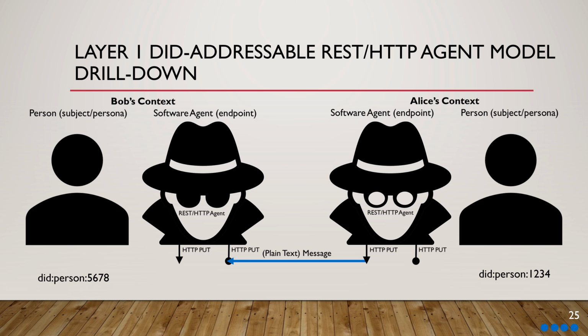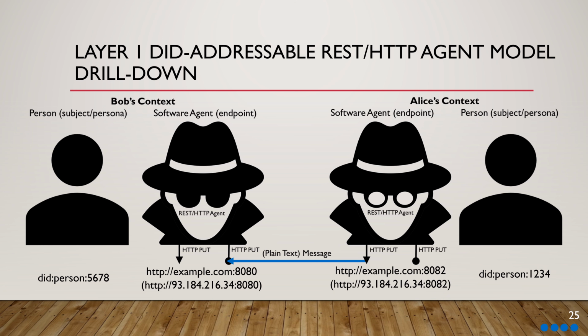So Alice's personification is did person 1 2 3 4, and Bob's personification is did person 5 6 7 8. The software agents are not identified by DIDs. There's a popular misconception about that and confusing terminology. Software agents are named, identified, or addressed by their service endpoints. They might have more than one service endpoint, but they are addressed by their service endpoints.